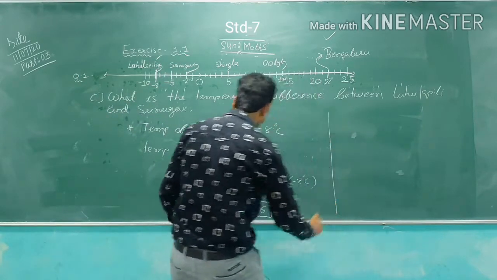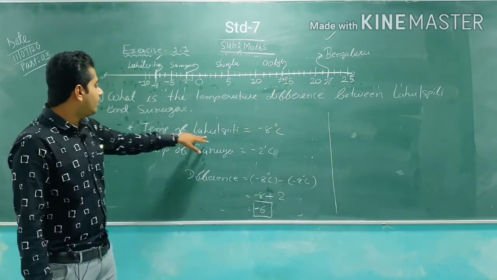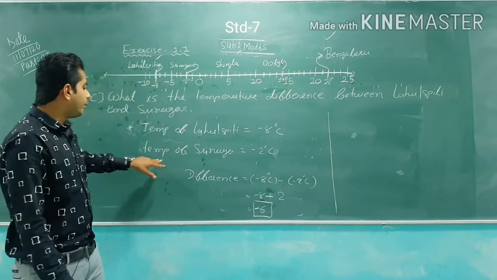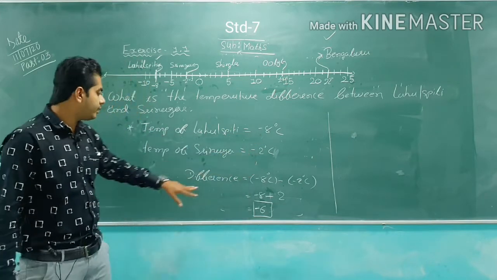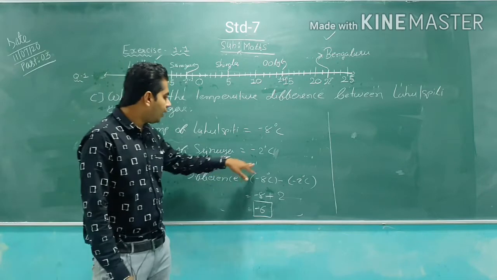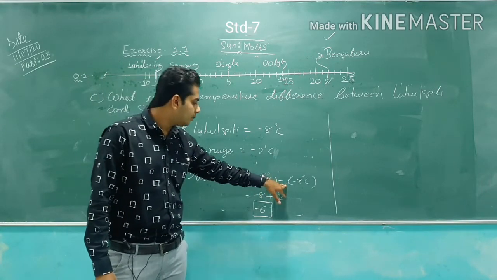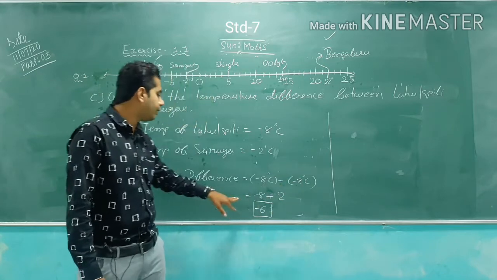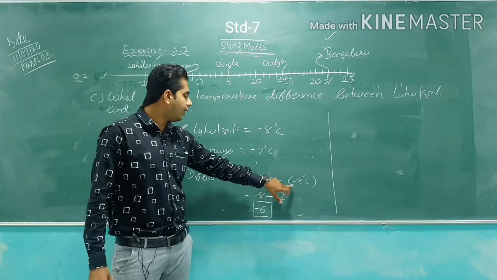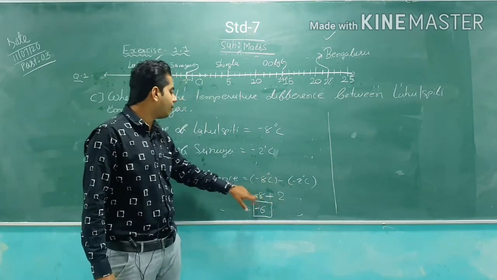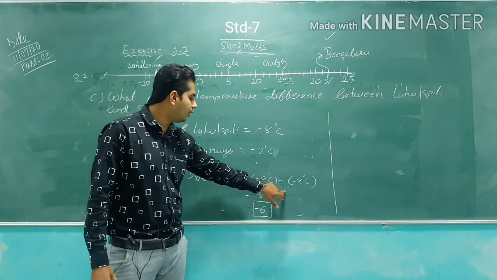Now see, the temperature of Lahaul Spiti is minus 8 degrees Celsius, the temperature of Srinagar is minus 2 degrees Celsius. Now we have to take the difference, so I put here subtraction. So minus 8 degrees Celsius minus, in the bracket, minus 2 degrees Celsius. Now I leave the bracket, so minus minus becomes plus. So minus 8 degrees Celsius plus 2 degrees Celsius.